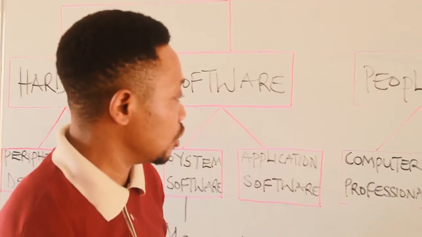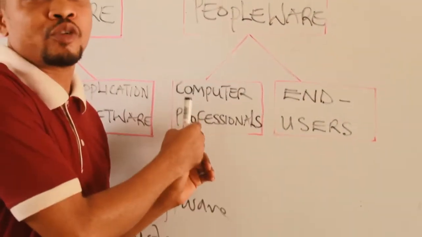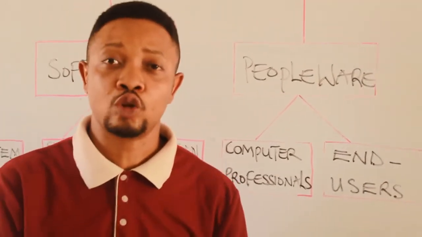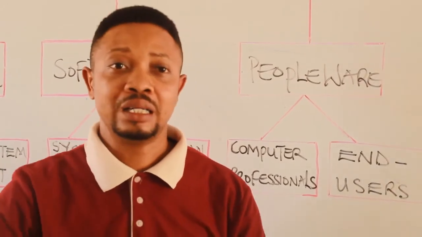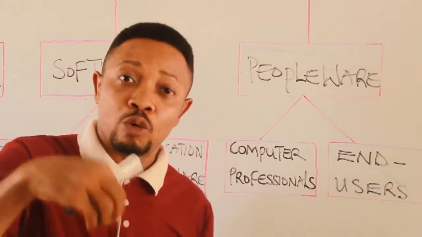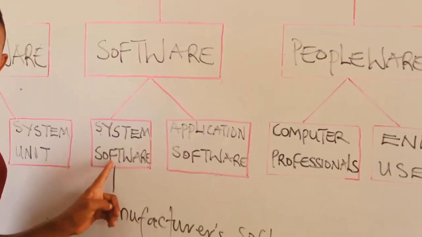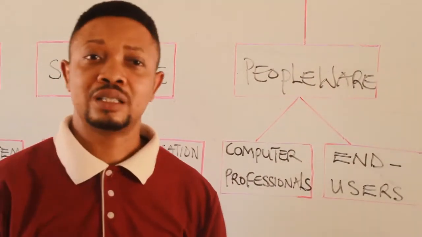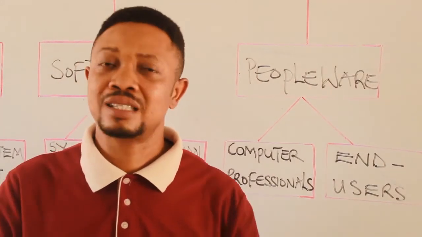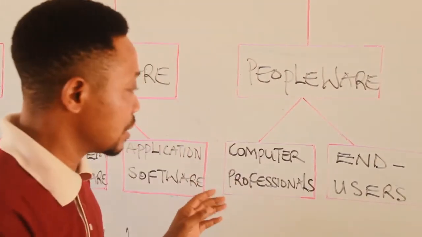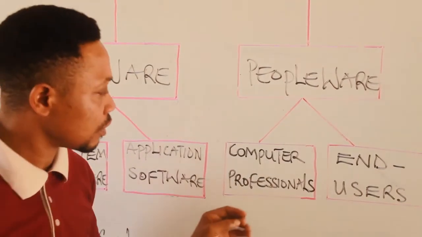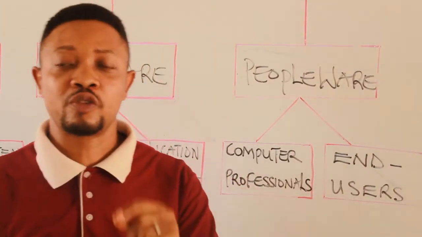That man falls under computer professionals because he understands the architecture of the computer, the hardware, and he is also the person who will write what we call the system software. So he is a professional who has been trained and has skill in this field of IT. That's an example of a computer professional.